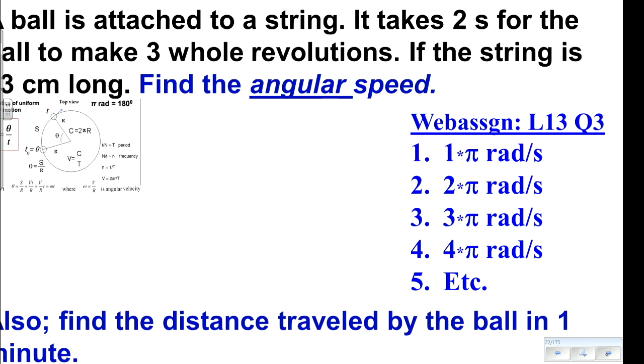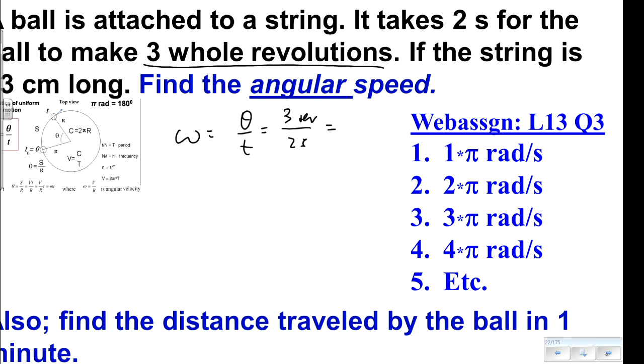The equation which directly relates angular velocity, angle, and time is this. That's the definition. The only thing is that the angle is measured in revolutions here. You can write 3 revolutions over 2 seconds, and that already will be the angular frequency. It's just that the unit of the angular frequency will be weird revolutions per second.